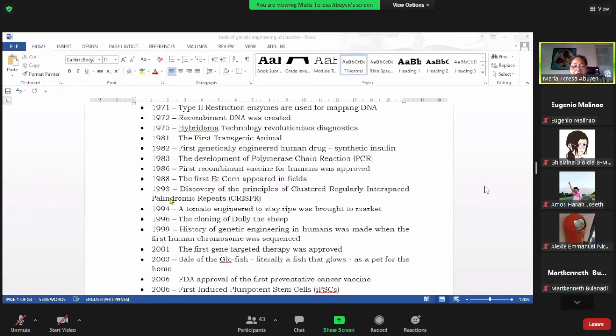The discovery of the palindromic repeats, which we will discuss later, was in 1993. The palindromic sequence or the palindromic repeats was discovered in 1993. Dolly the sheep was cloned in 1996.